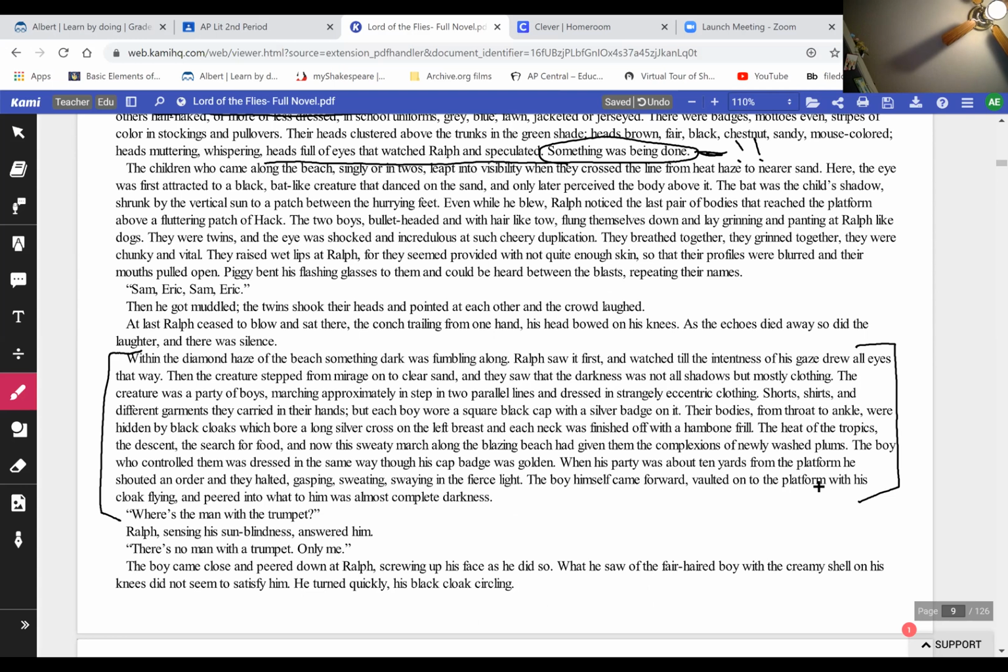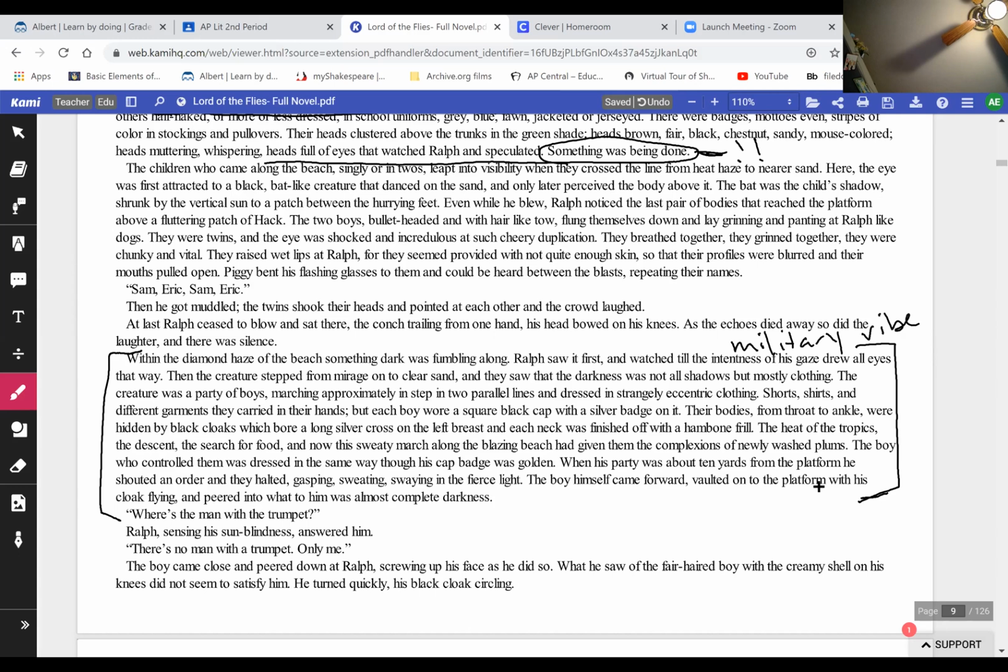Jack is the captain of the choir, which doesn't make him a super important guy, but he's got his guys very much under control. And they come walking out here with a very military sort of vibe going on, right?